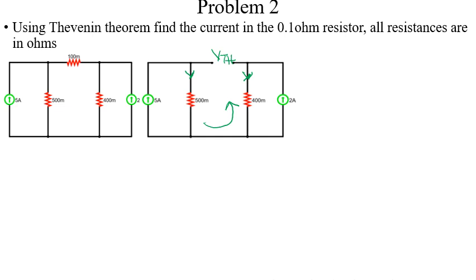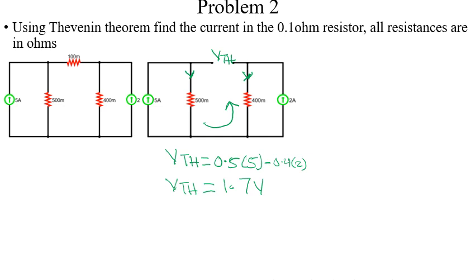So VTH is equal to 0.5 times 5, because 5 amps is entering, minus 0.4 times 2. Then we end up getting VTH equals 1.7 volts. So we've just gotten VTH.